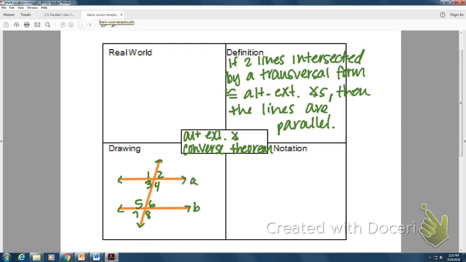Okay, what angles would have to be congruent for alternate exterior? 1 and 8, and 4 and 5. Very good. So if angle 1 is congruent to angle 8, then line A is parallel to line B.